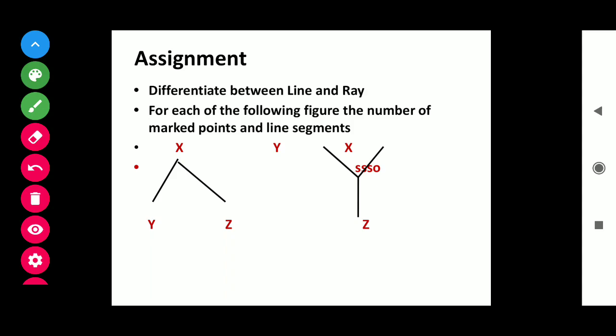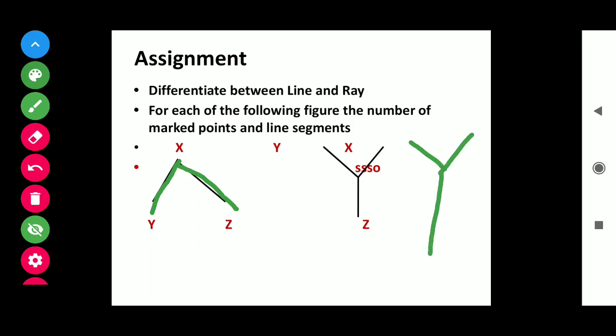Next one is, differentiate between line and ray. This is your assignment. You have to differentiate between line and ray, where already I have explained you how you can find out. For each of the following figures, the number of marked points and line segments you have to find out. Here the figure is given like this. You have to find out number of line segments and number of points in this figure, and the second figure is like this.